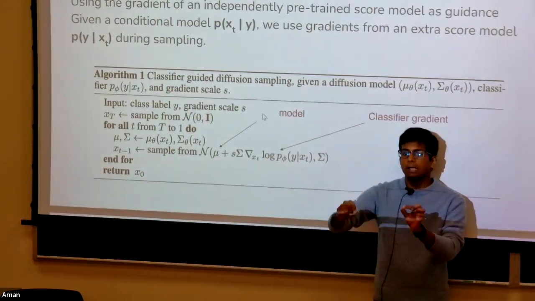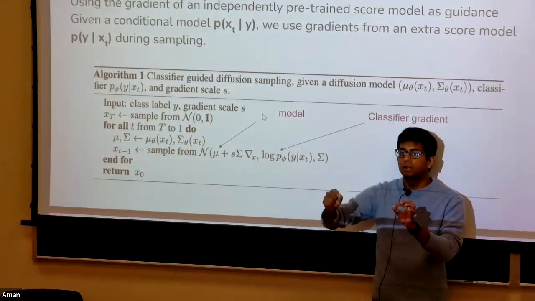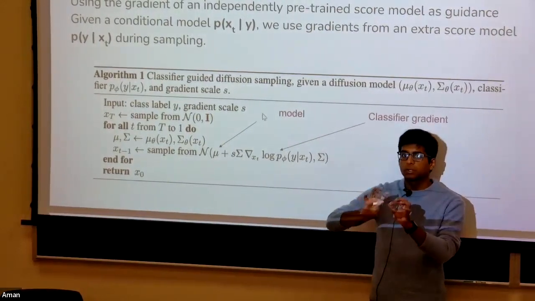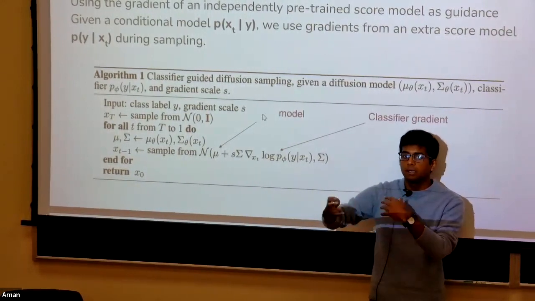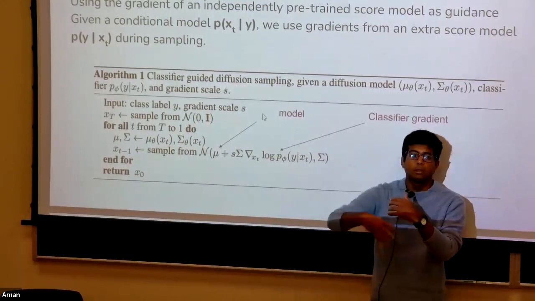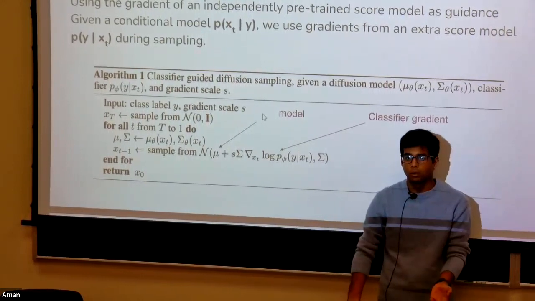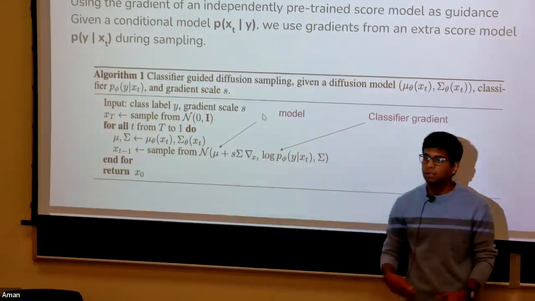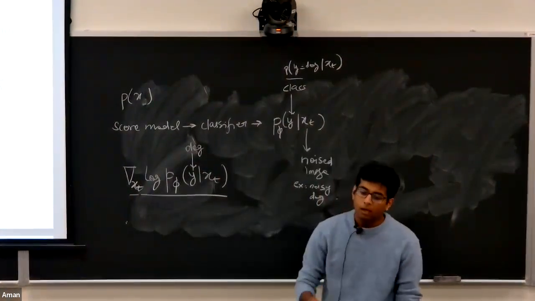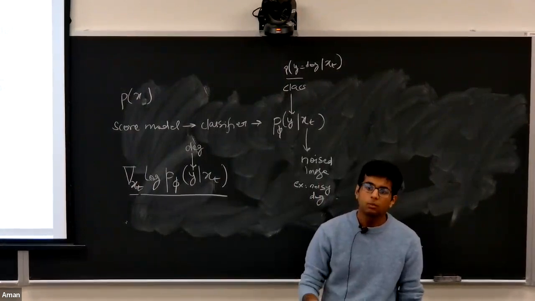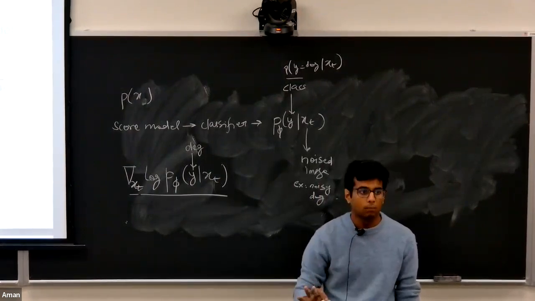So if you keep doing that at each iteration, the model will start generating an image which resembles that class. And the more it adds the features that make it resemble the class, the more the diffusion model will try to make it look like a dog. So eventually, after 1,000 time steps of this type of sampling, you would get a conditional image without having trained a conditional model.